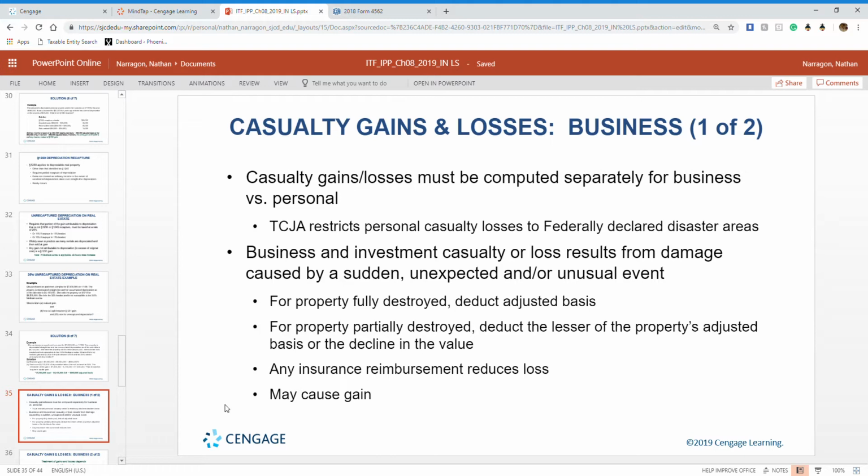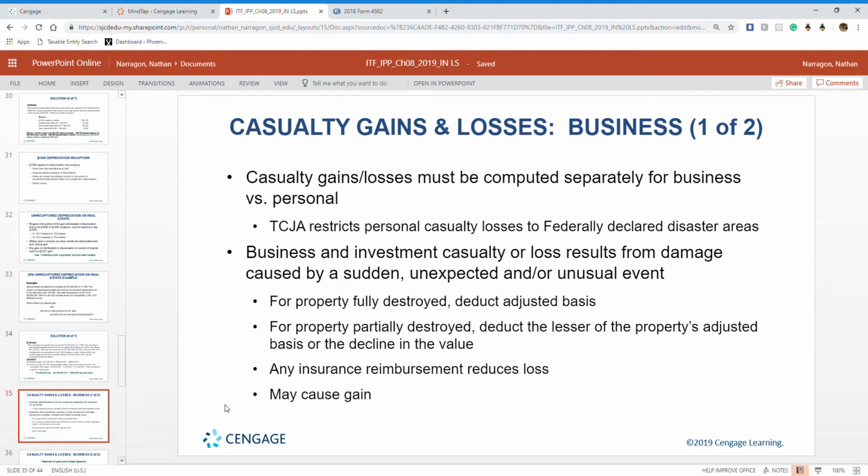Casualty gain and loss must be computed separately for business and personal. The new law, the TCJA, restricts personal casualty losses to only when federally declared disasters are happening. So it has to be a federally declared disaster to be part of a casualty loss.